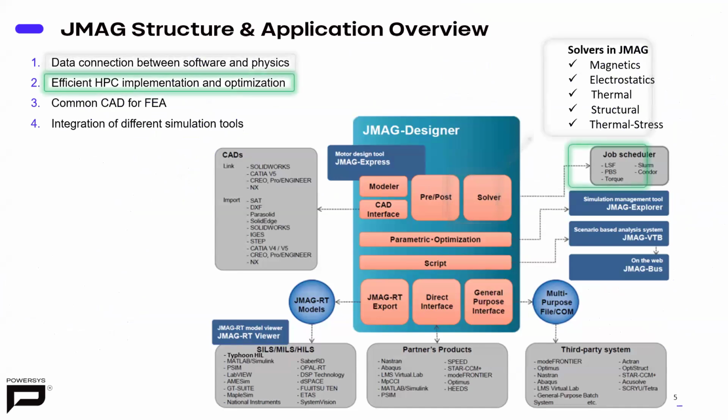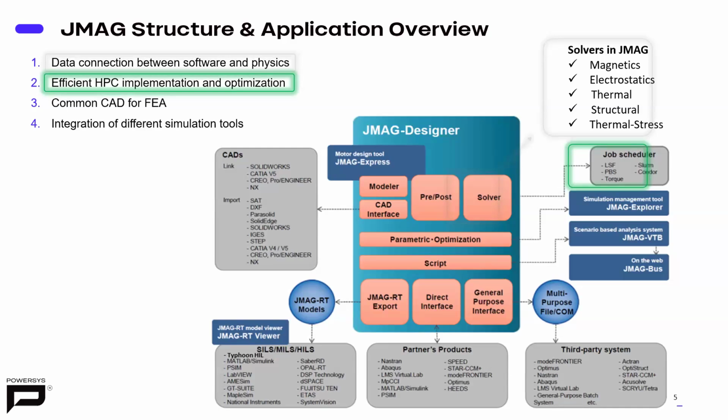The next is efficient HPC implementation and optimization, which is high performance computation. We have massively parallel processing units, and we have SMP and an ANS cluster, and JMAG Designer can use a larger number of cores in order to reduce simulation time.